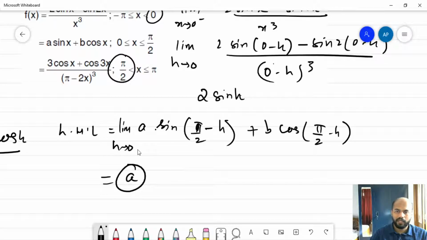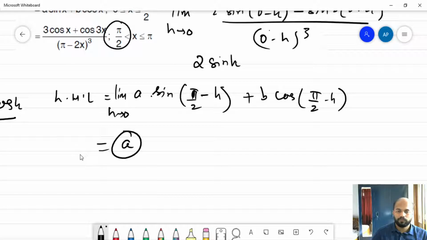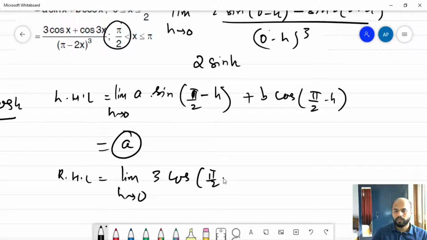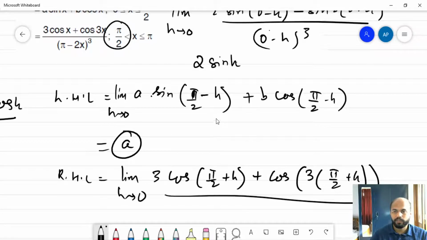Similarly, let's do the RHL also. And for the RHL, we will have to write limit h tending to 0 of 3 cos of pi by 2 plus h plus cos of 3 times pi by 2 plus h, divided by pi minus 2x cubed. So this pi minus 2x that you see, we'll have to substitute it.